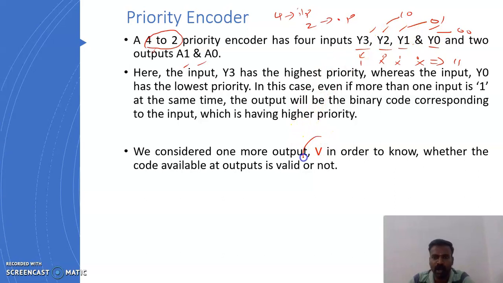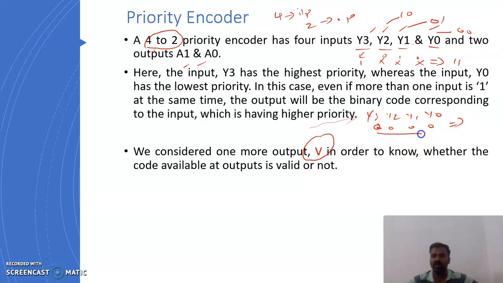And here I'm going to use one more output, V, for valid output, that is, whether the output is valid or not. In the previous encoder, I used y3, y2, y1, y0. If all inputs are 0, what will the output be? This is not possible in an encoder, since any one of the inputs should be 1.